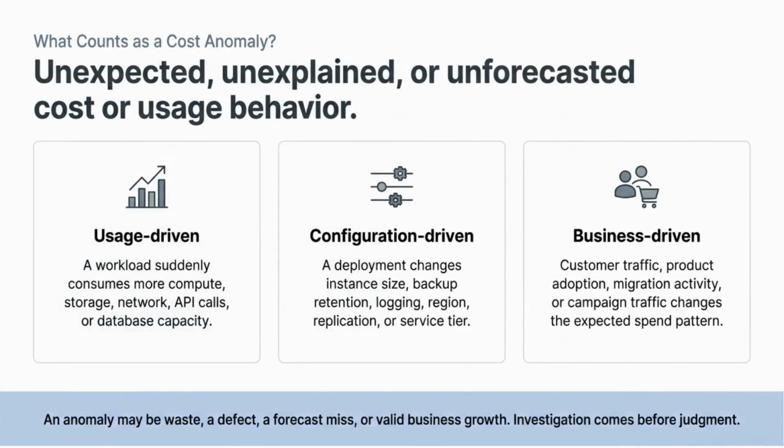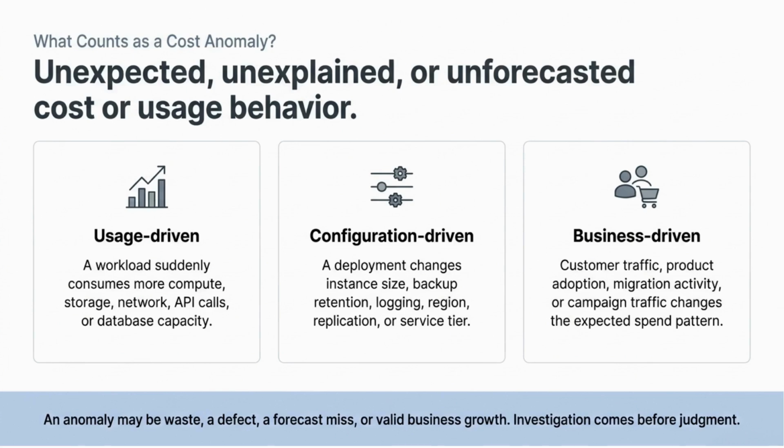A cost anomaly is unexpected, unexplained, or unforecasted cost or usage behavior. It can be usage-driven, configuration-driven, or business-driven. Usage-driven anomalies happen when a workload suddenly consumes more resources, such as compute, storage, network transfer, API calls, or database capacity.